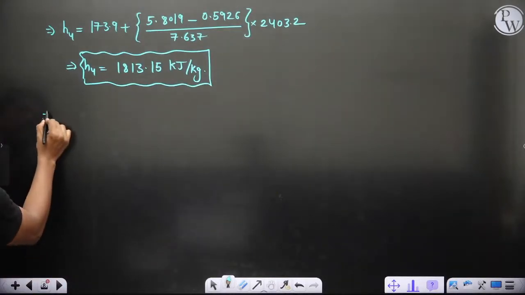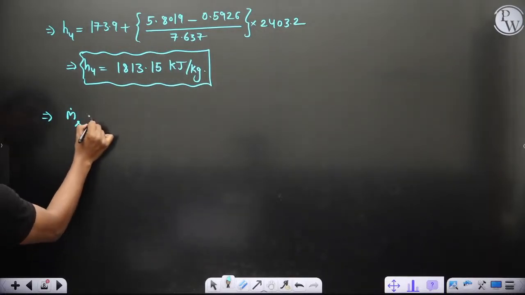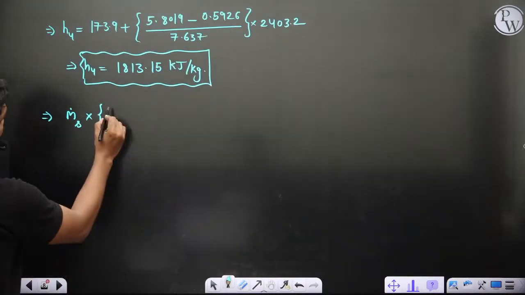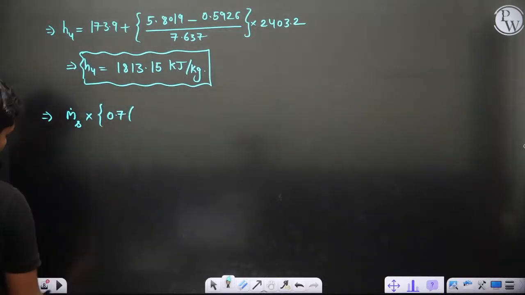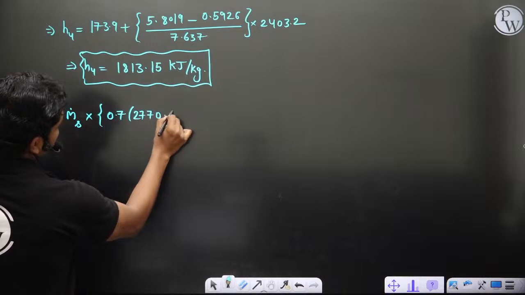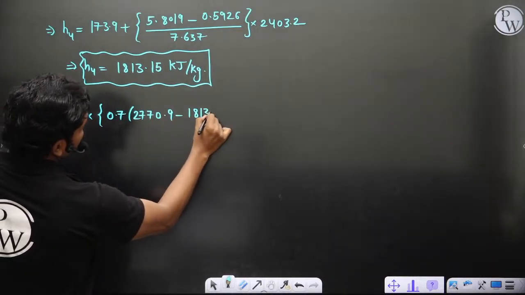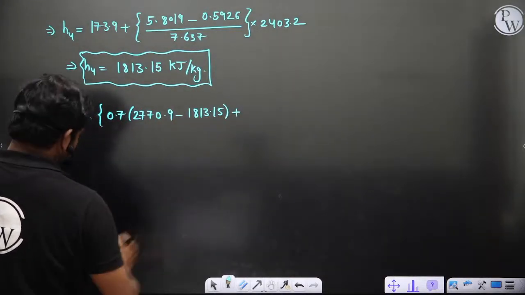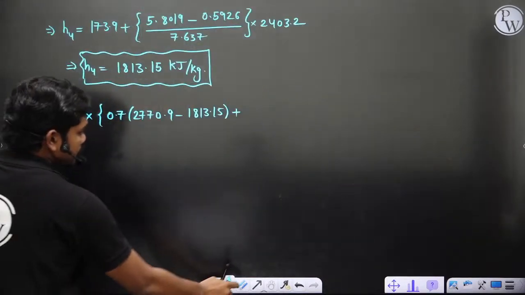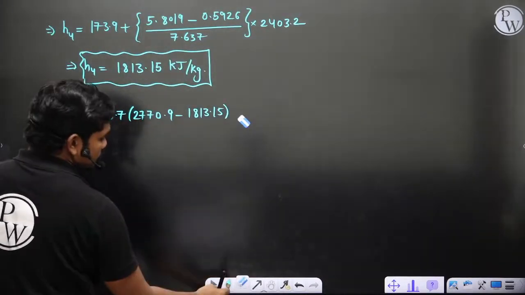So let's do that. M dot S into W net, 0.7 times of H3, 2770.9, minus 1813.15, plus, what about this guy? This is minus 3 kilojoule per kg. Fine. You can see this is minus 3.